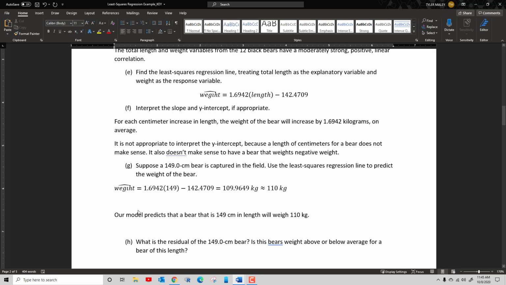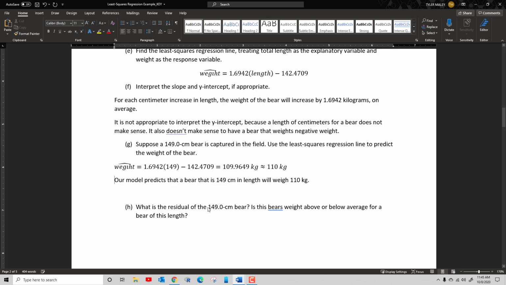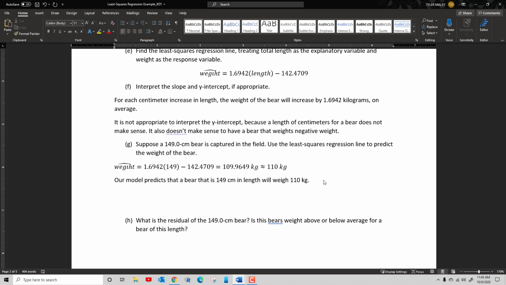Or if we wanted to be really specific, we could say that our model predicts that the average weight of a bear that is 149 centimeters in length is 110 kilograms, right? Because that hat value, remember, that's the average value, right? For all the variables that would have this x value, that's going to be the average weight.